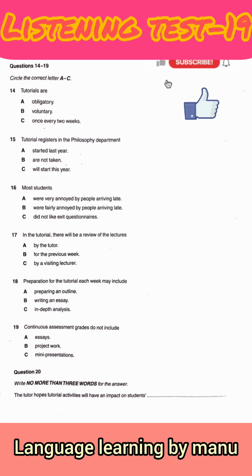For questions 14 to 19, circle the correct letter, A, B, or C. For question 20, write no more than 3 words for the answer.